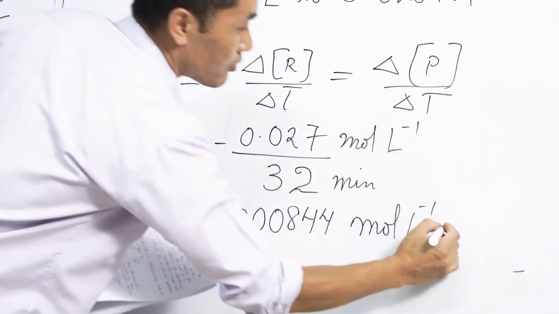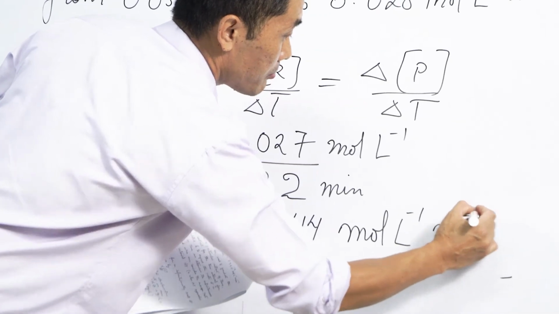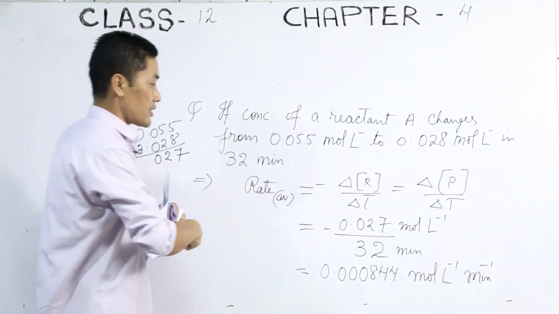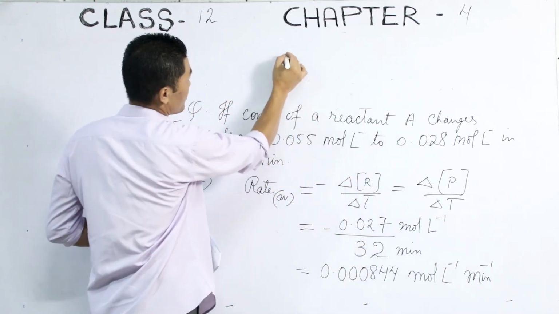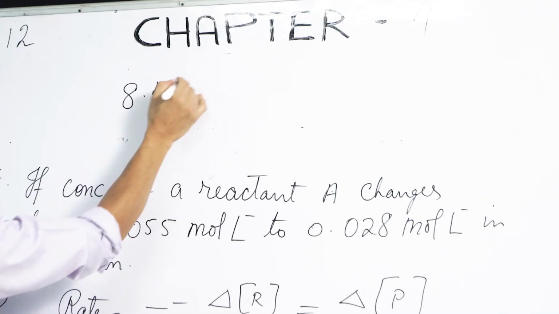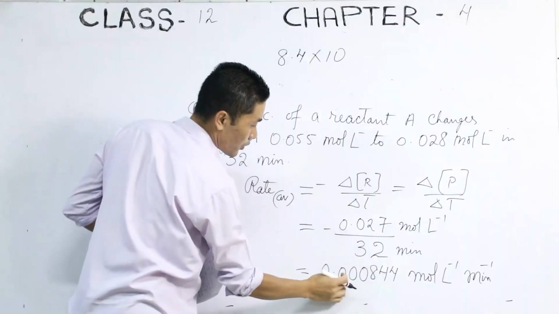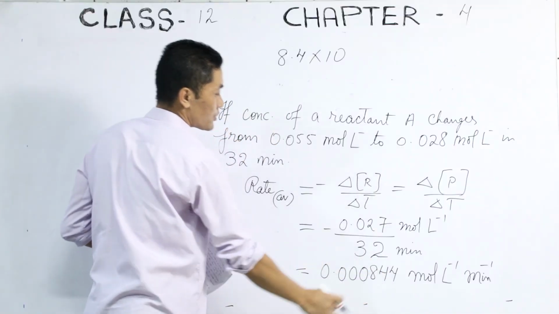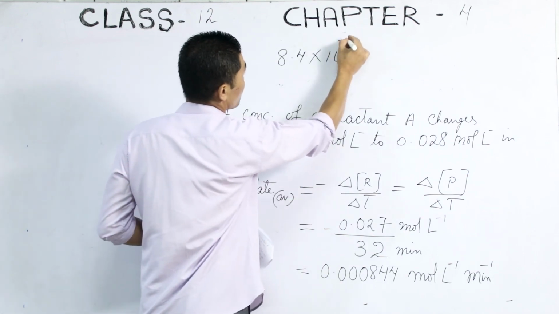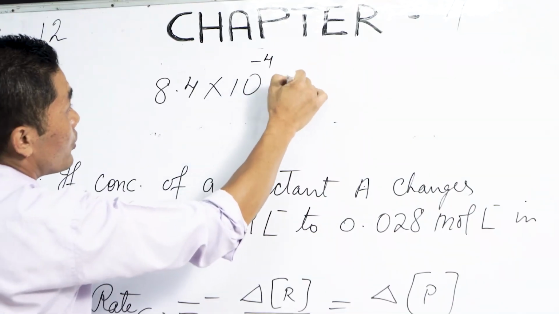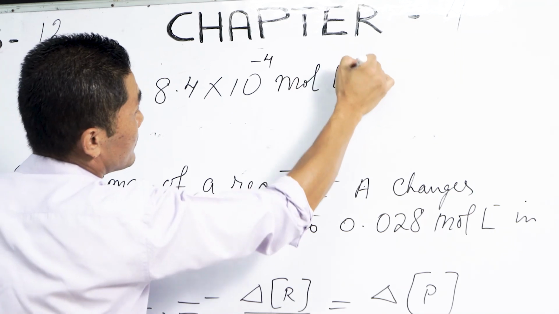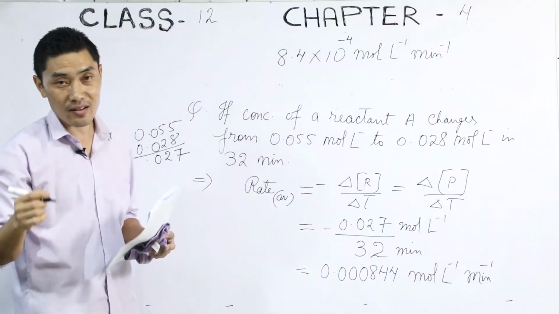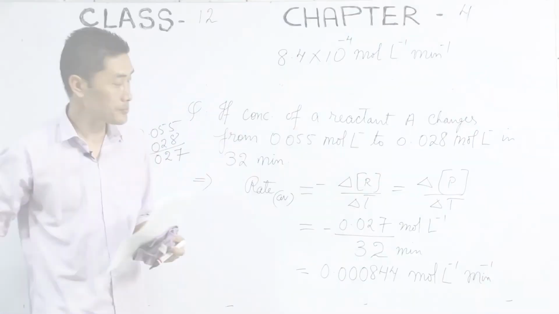If we write this in standard form, it will become 8.4 into 10 to the power minus 4, since the decimal moves 4 places to the right. So this is 8.4 × 10^-4 mole per liter per minute. This is how we can calculate the average rate of the reaction.